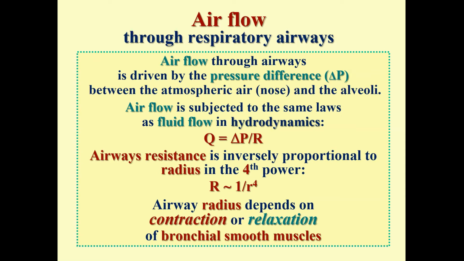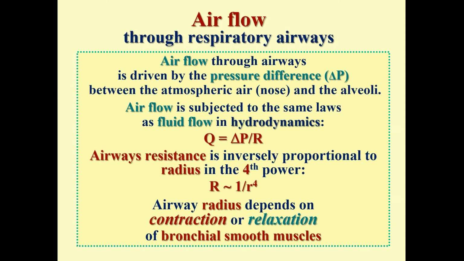If you look again at the equation Q equals the ratio of delta P and resistance, look, when we are at rest, we don't need to have a great amount of air supplied to lungs. It's enough to have not much. But when the oxygen requirement increases according to increased activity level, we need to increase the amount of air that is supplied to the lungs to have more oxygen finally.